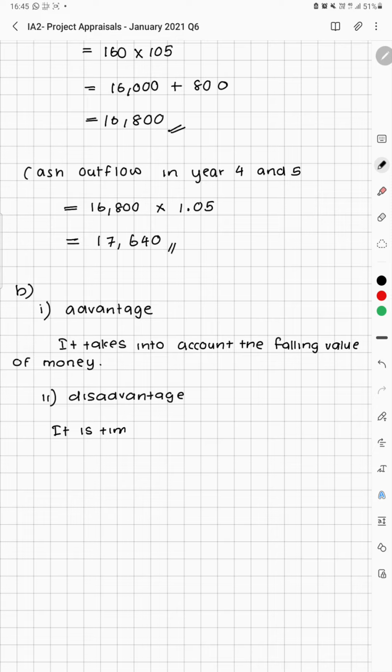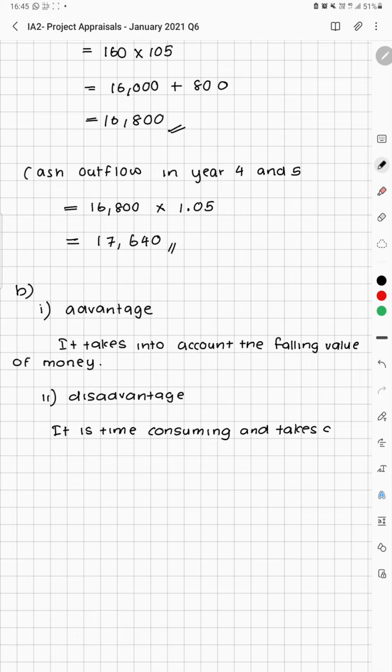And it's based on predictions, right? All project appraisals are based on predictions, so you cannot necessarily take it as a disadvantage, but you have to understand every project appraisal is simply put a prediction. It's all estimates.